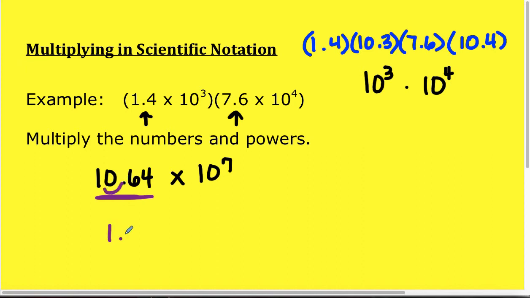So that becomes 1.064. But by doing that, I actually have to change this exponent. I have to make it 1 bigger because I need that 1 more decimal place to move. So that would be times 10 to the 8 power. Now, I know I'm going really fast because I'm just giving you a review. Please feel free to rewatch this if you need to and practice the examples that come with it.